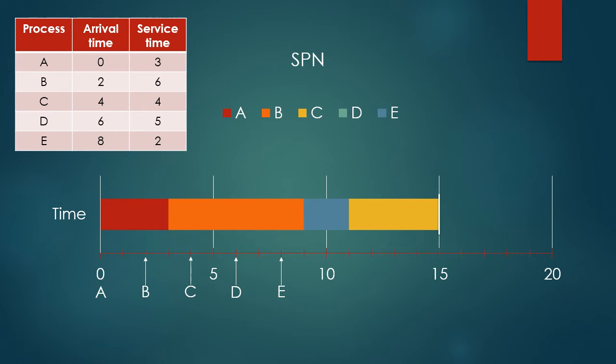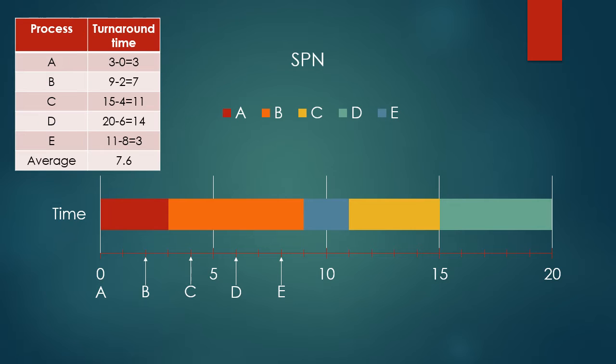When E finishes off and leaves the processor, the shortest process in the system now is C. So the dispatcher selects it and C runs for 4 seconds. When C finishes and leaves the processor, the only choice for the dispatcher is D. So the dispatcher selects it. D runs for 5 seconds and all the processes complete.